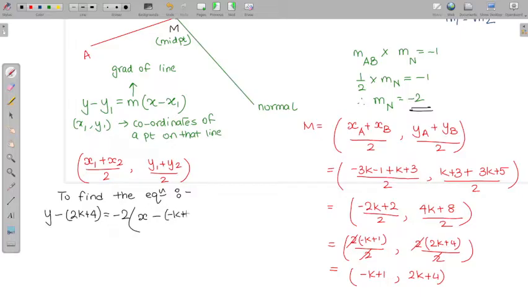If I put this in brackets, it will help me, because when I open up the bracket, since there's a minus sign out here, this plus will change to minus.